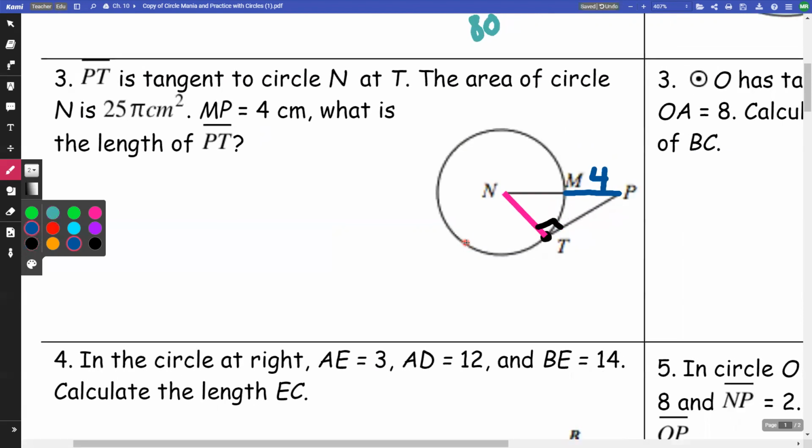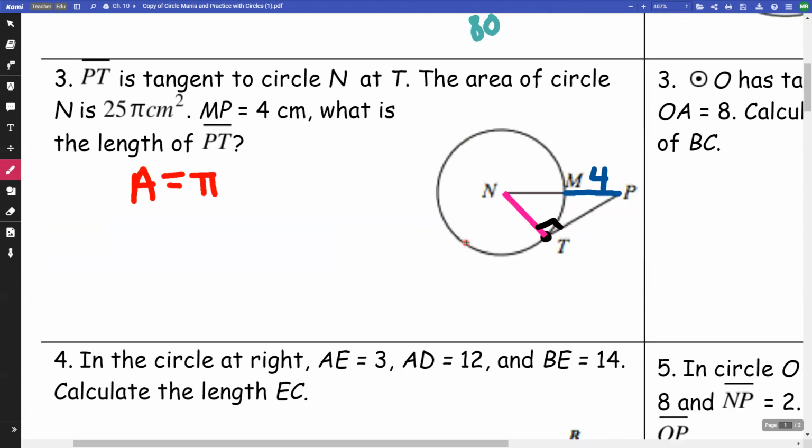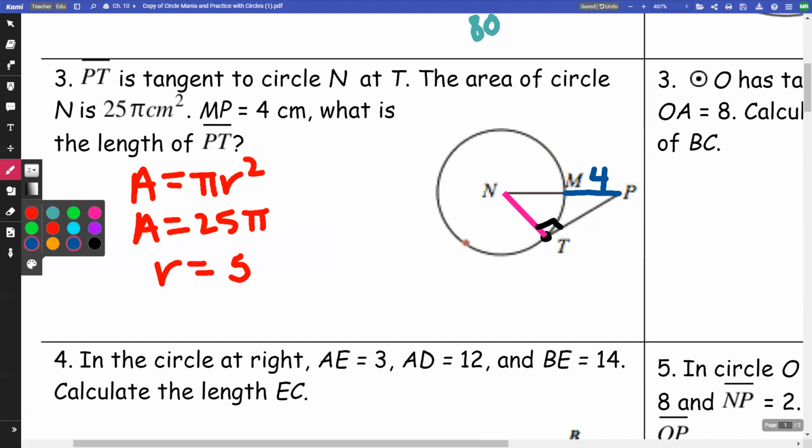And we also know that the area of the circle, which is always pi r squared, is equal to 25 pi, which means my r has to be 5. So now I know that this is 5.